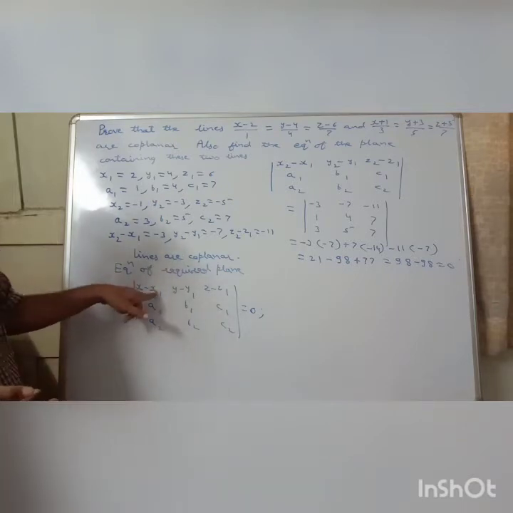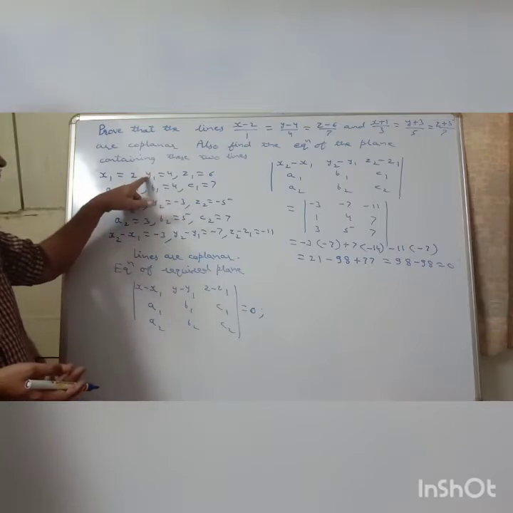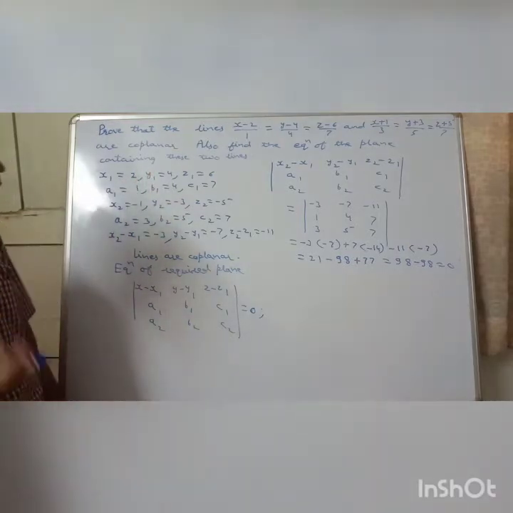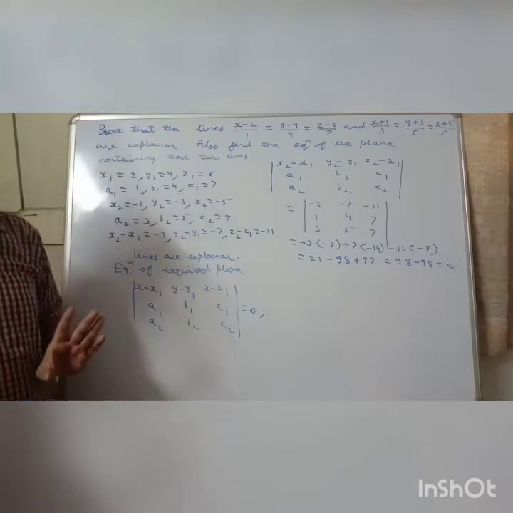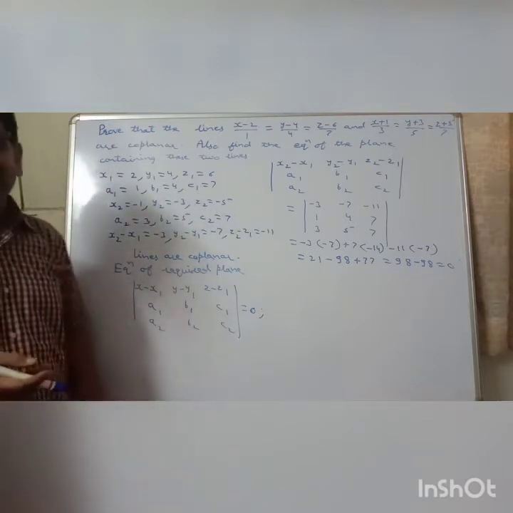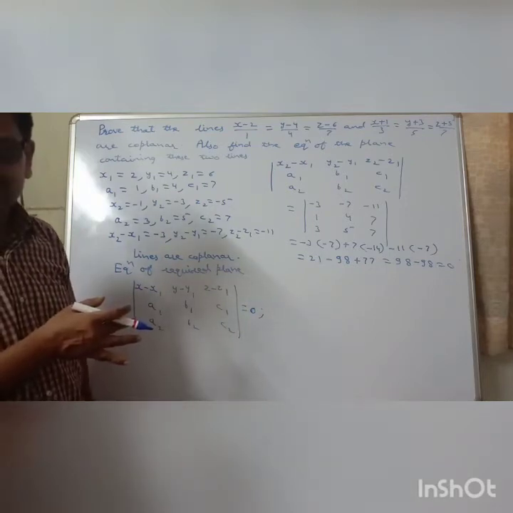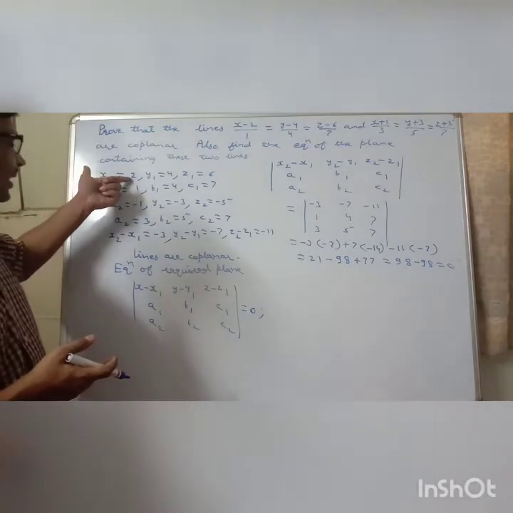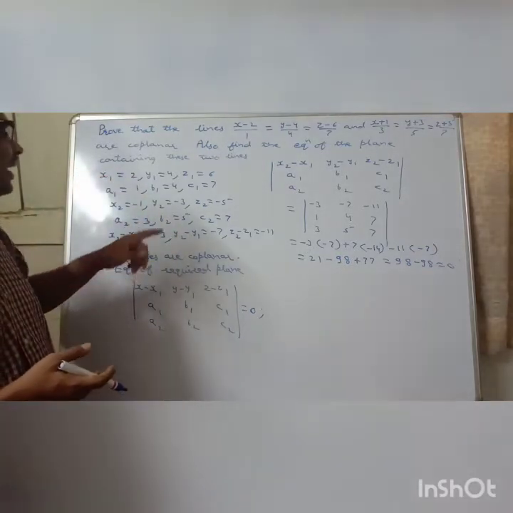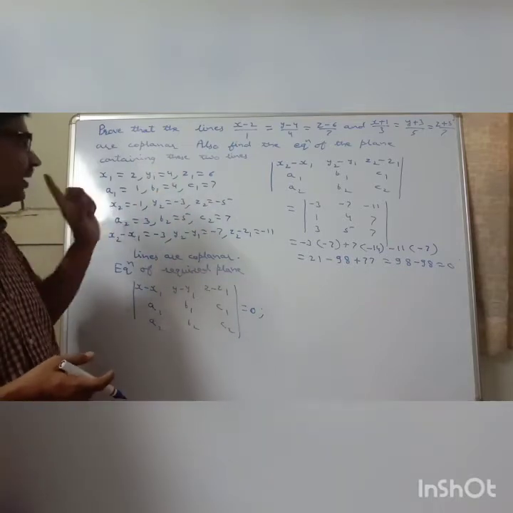It means that we have to take either the coordinates of a point on the first line or the coordinates of a point on the second line. Whichever line we select, we have to take all the coordinates from that line only. Don't take x1, y2 like that. Either x1, y1, z1 or x2, y2, z2.